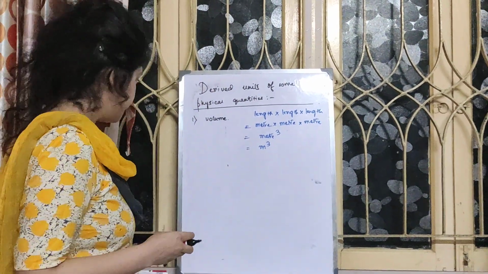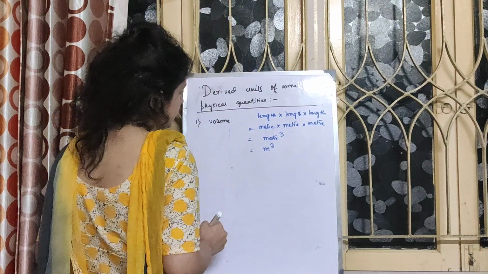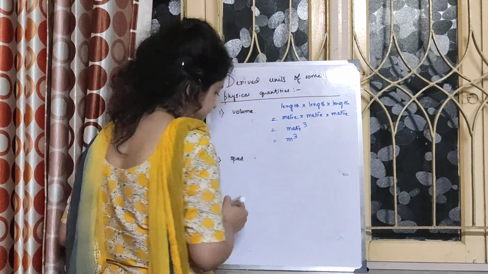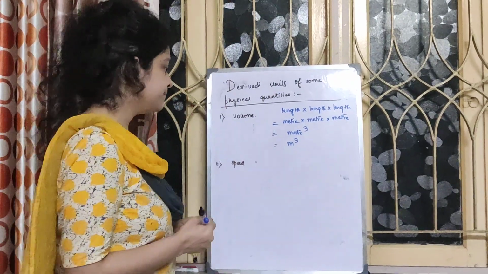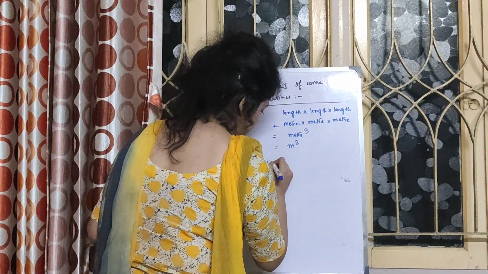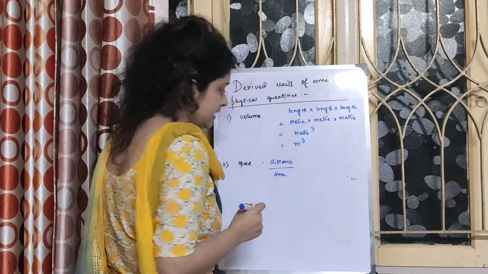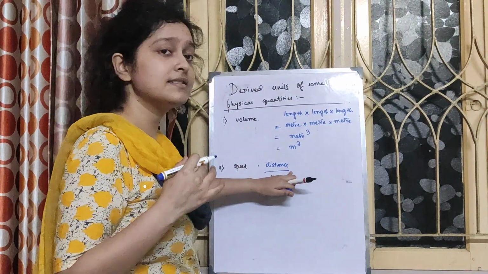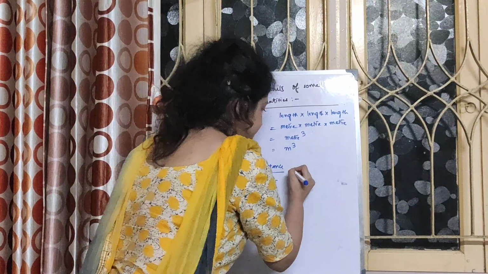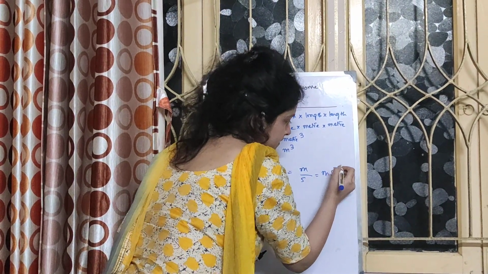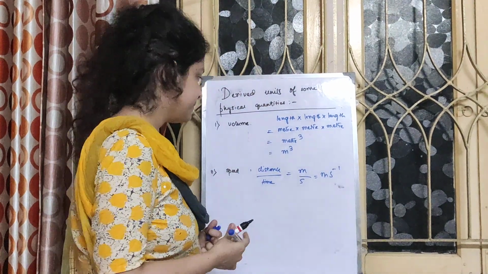Then again, suppose you have speed, distance by time. Distance has the unit of length, SI unit meter, time second, so meter per second, right?